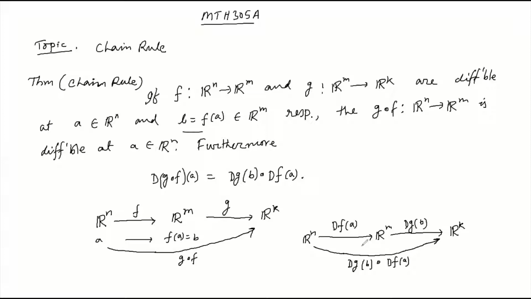Okay, so now we prove the chain rule. Proof of the theorem. f is a function from Rn to Rm that is differentiable at the point A. So df at the point A, the derivative of f at the point A, is linear from Rn to Rm.